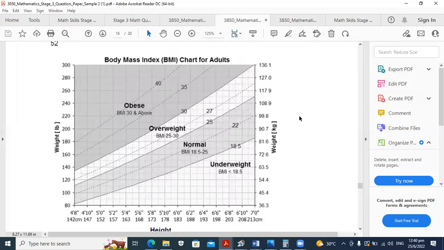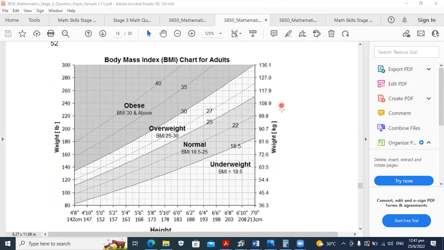So this chart determines if you're overweight, if you're underweight, if you're normal or obese. All right. What they do is that it's not your weight alone they look at. They look at your height. If you look at it to the left, it is the weight in pounds.